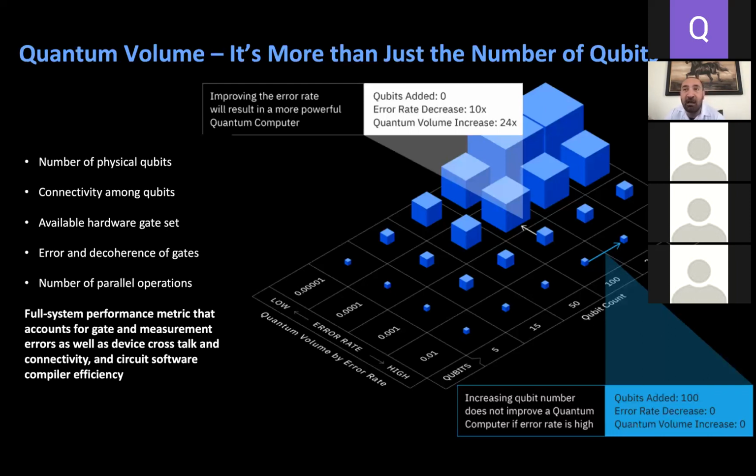For example, right now, according to a recent statement made by Honeywell that was in the press a couple of weeks ago, Honeywell has the most powerful computer in the world with a quantum volume of 64.